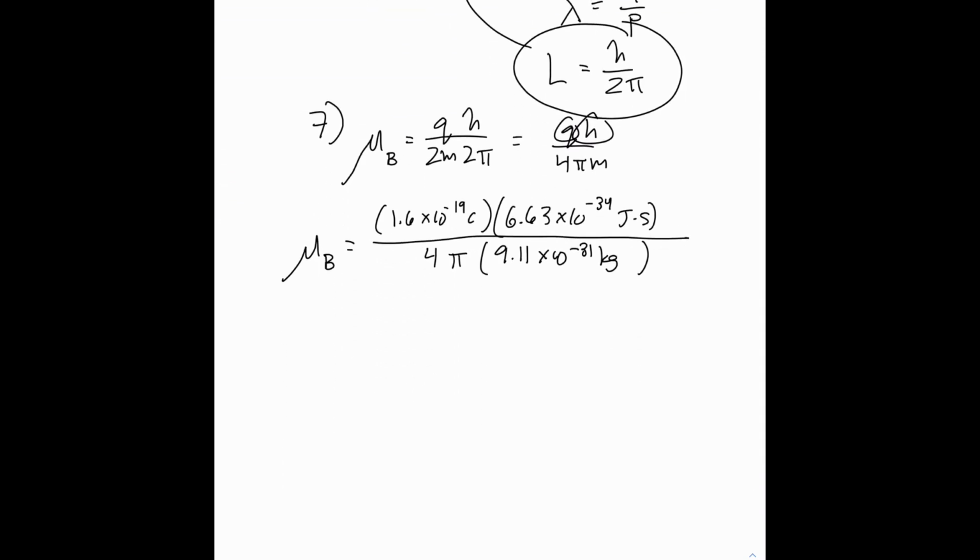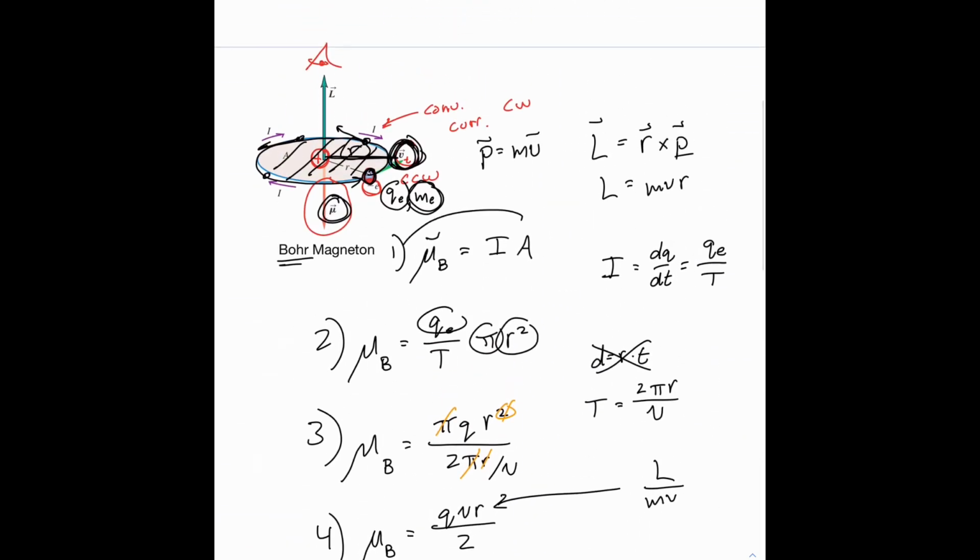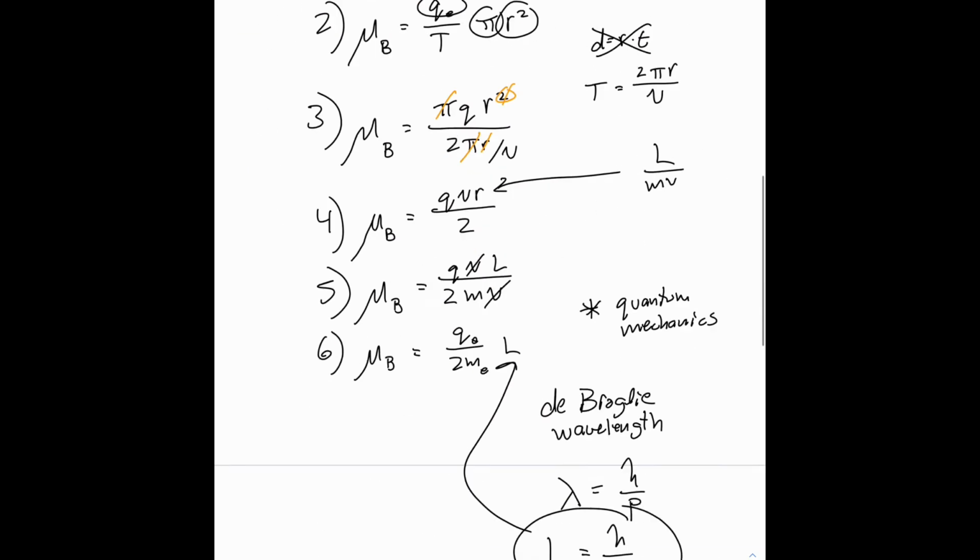Well, grab a calculator and see if you agree that the value of the Bohr magneton is 9.27 times 10 to the negative 24th, and then I leave it up to you to verify that the units do indeed work out to be amps times square meter. They better be amps times square meters because we started our derivation in the first step with the definition of magnetic dipole moment being a product of current and area.